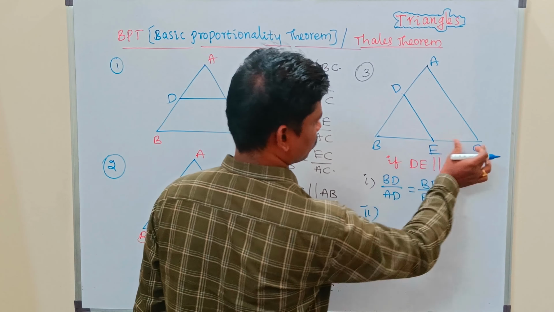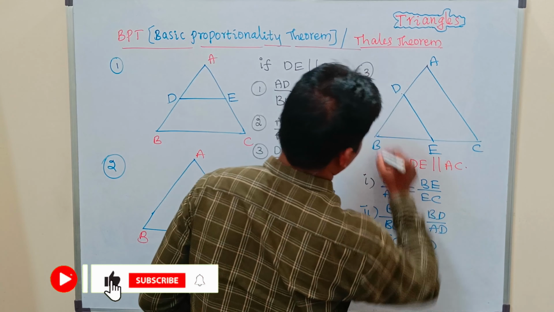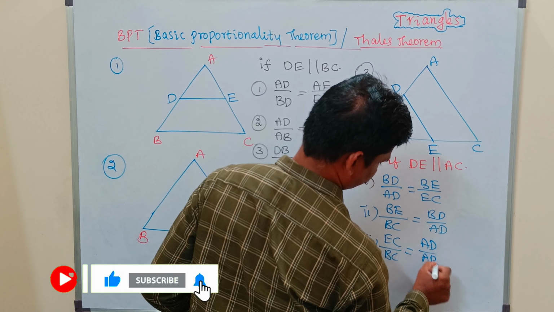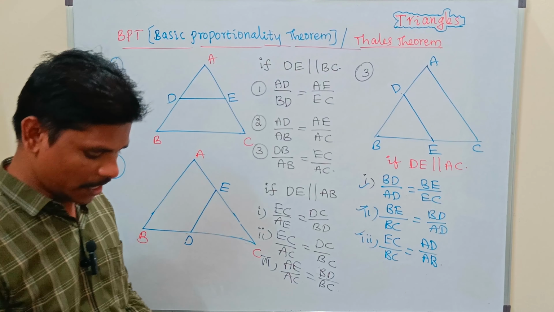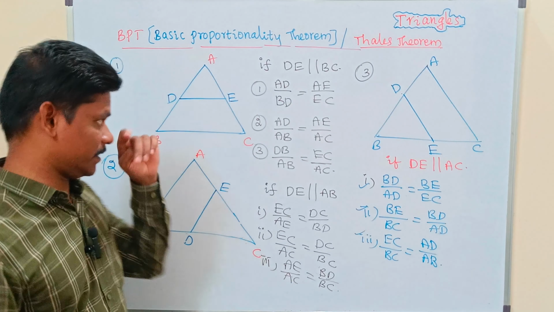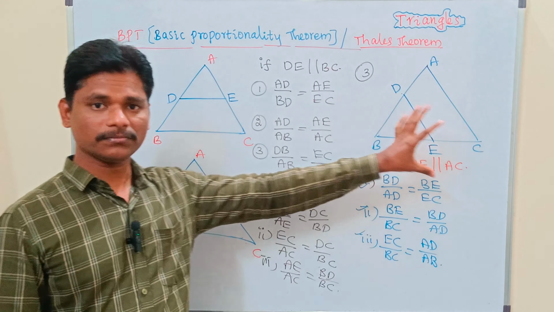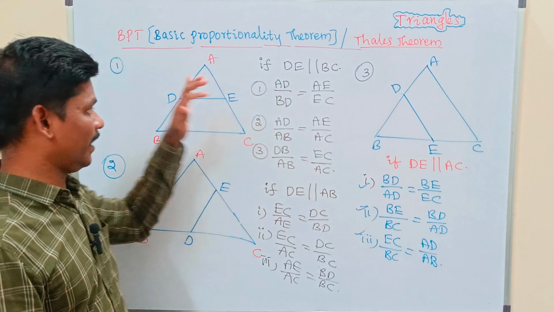And next, the third point. Here EC by BC and in the same way AD by AB. These are the three points. So what you are observing in these three triangles is that if a line segment is parallel to another side, the three ratios are equal.